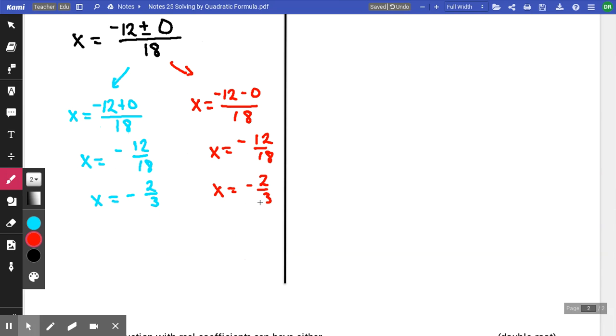We solved two equations to get these solutions, which we want to always have. However, sometimes those solutions are the same. And when we have repeated solutions, we don't list them twice in our solution set. We just say that we have a solution of -2/3. Keeping in mind that this means that your parabola only has one x-intercept.